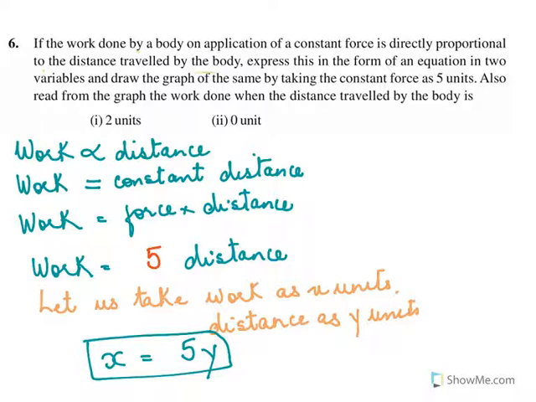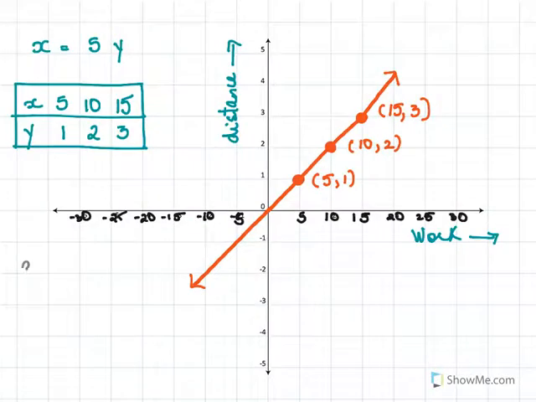Next part from the graph, we have to see the work done when the distance traveled is 2 units. So for distance equal to 2 units, I need to find how much of work is done from the graph. So let's go back and see how we do that. So remember, the distance was given as 2 units.